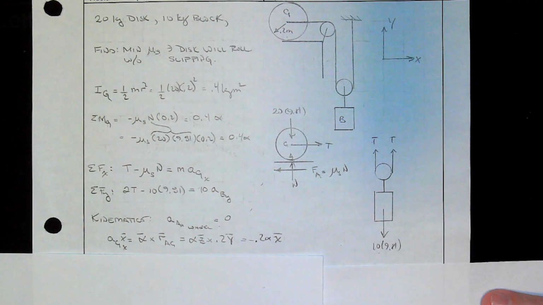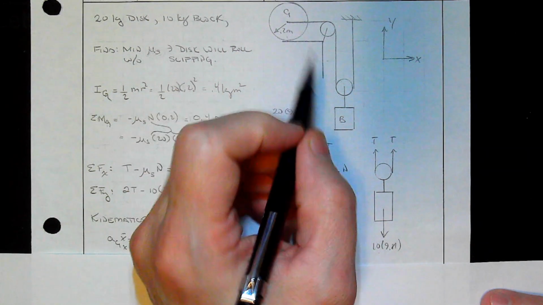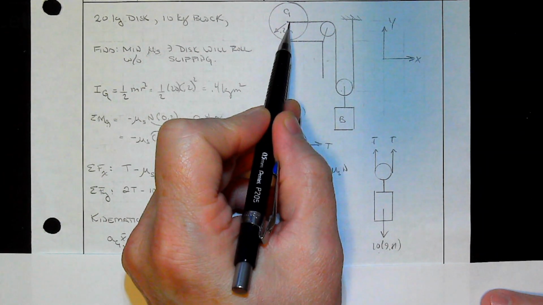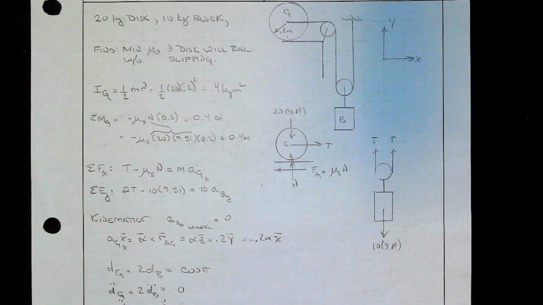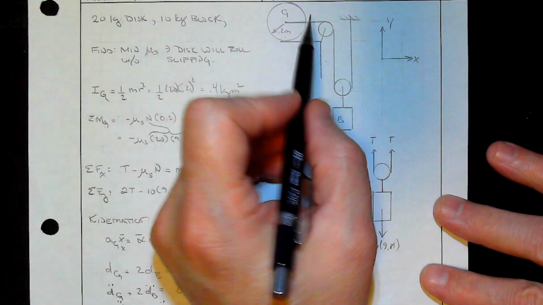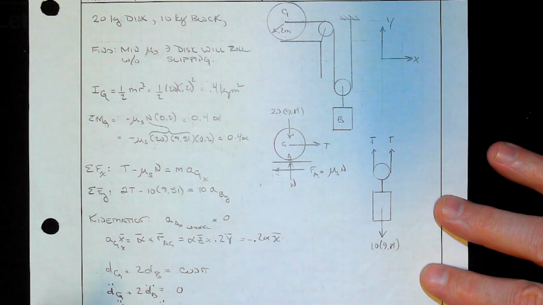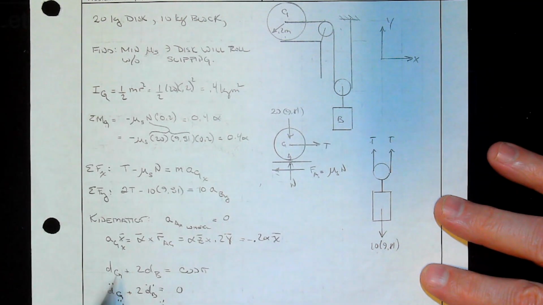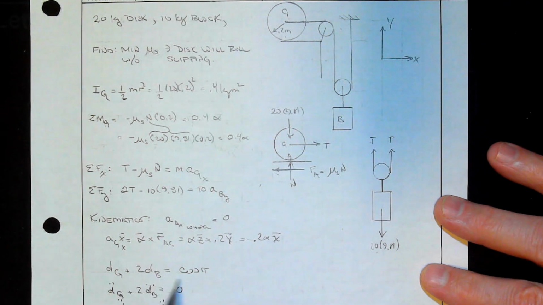We just need to do this one more time. So what do we need to do here? What we need to do is relate the acceleration of the center of the disc to the acceleration of B. Well, we can do that just off of this rope. The motion of G exactly determines the motion of B. Using our normal equations, if we were to measure dG, from here over to there, and then we have dB, from this point down to here, we have dG plus 2 dB equals a constant.